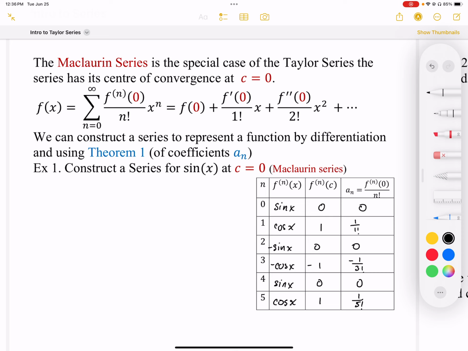So then we can write our Maclaurin series for this. We're going to write it like this. Our Taylor polynomial, and we're going to use a fifth degree polynomial.